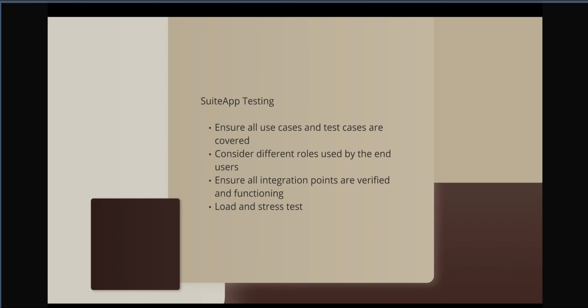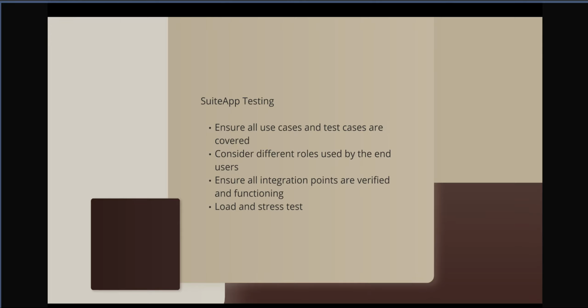Moving on, the next phase we're going to talk about is the Suite app testing. This is the next important phase of the Suite app creation process, and we need to ensure that all the use cases and test cases are covered and completely tested before the Suite app is ready to be published.